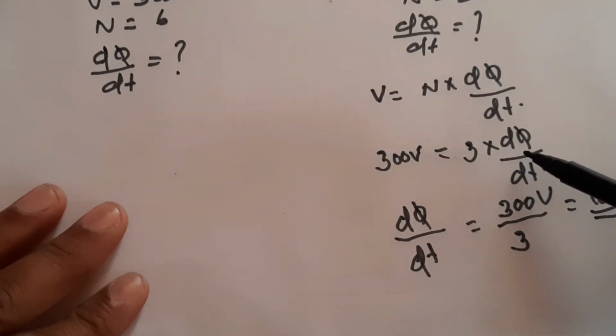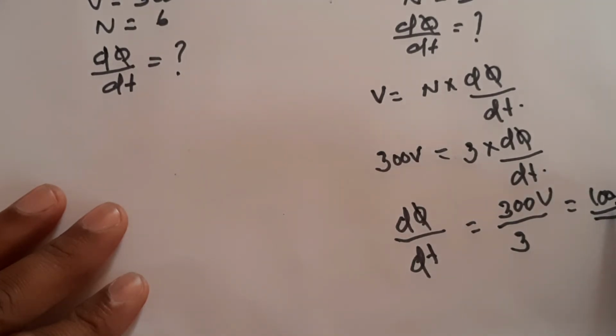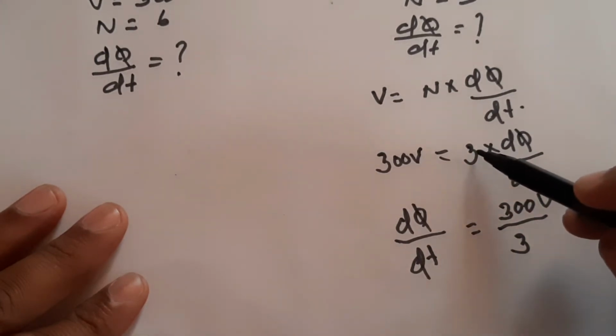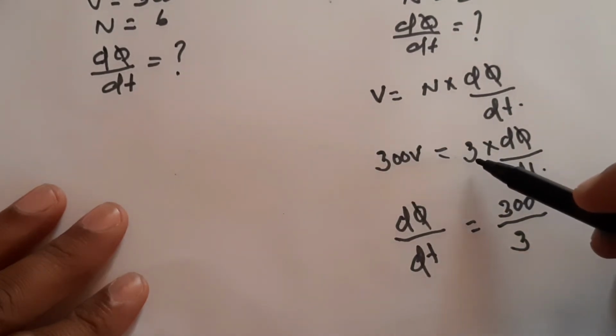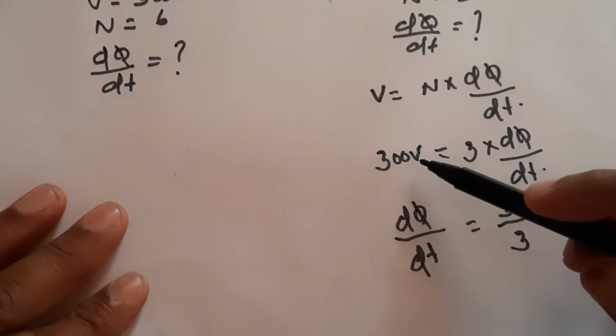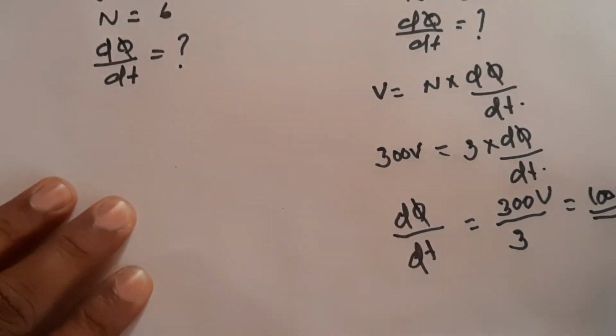This means that each coil is producing a voltage of 100 volt, and this 100 volt into 3 becomes 300 volt, which opposes the input voltage. Each turn produces 100 volt, and 3 turns are there, so it opposes 300 volt.